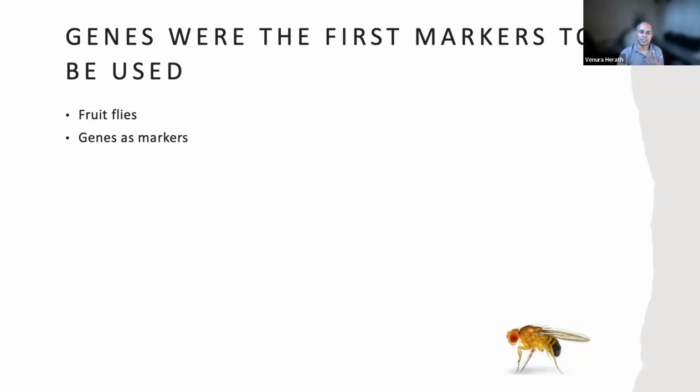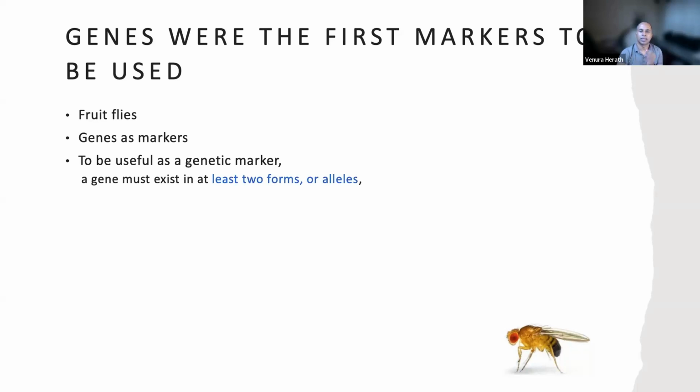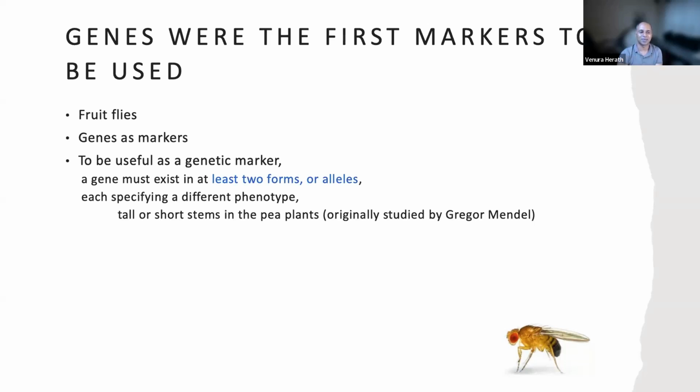In order to use a gene as a genetic marker, it has to have specific characteristics. Most importantly, these genes must exist in at least two forms, or what we call alleles, and each allele should give a specific phenotype. We can go back to Mendel's time.